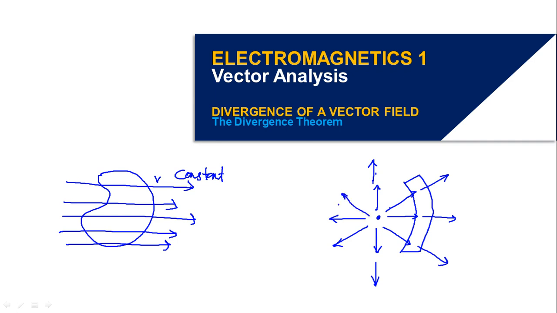So the radial flow from the center of our point and the vector changes. So let's say as we go from the center palayo, nagbabago yung ating flow. So yung length ng ating vector magsasabi na lumiliit yung ating magnitude. So habang lumalayo siya sa center, lumiliit yung magnitude.